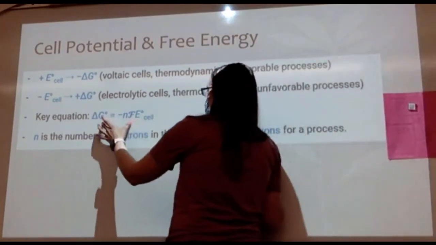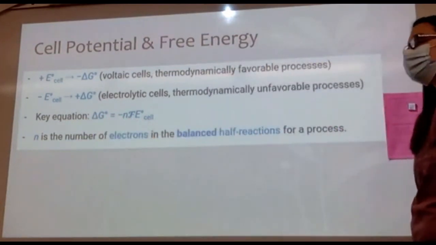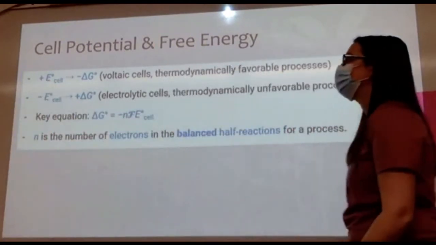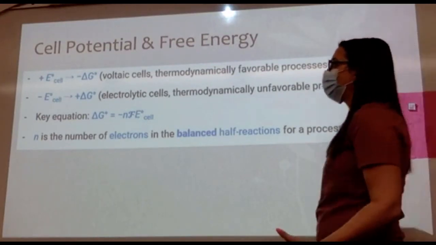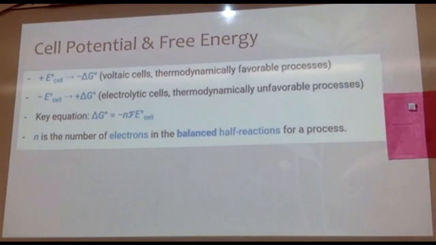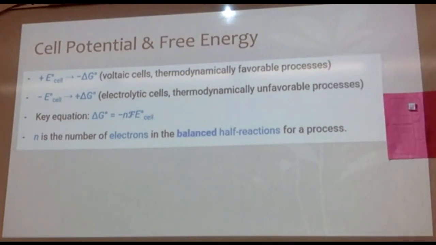Really, this equation is a way to relate delta G to cell potential. When you have a positive cell potential, you will always have a negative delta G. Remember that when we had a negative delta G, we said the reaction was thermodynamically favorable or spontaneous. Well, a positive cell potential is also thermodynamically favorable or spontaneous.